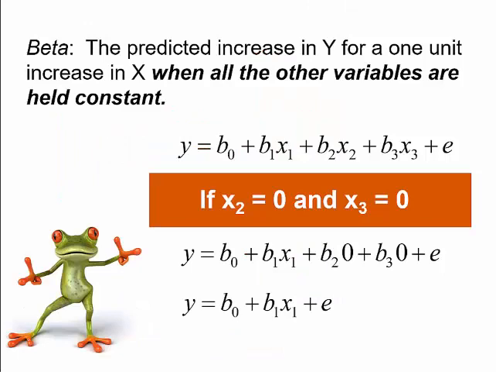So let's start by looking at the beta weights. Now, when you do multiple regression, when you have a regression equation with more than one predictor, then your beta weight will give you the effect of each x variable in predicting y controlling for the other predictors. The beta weights will answer that question. Now I want to look a little closer at exactly what the beta weights are doing.